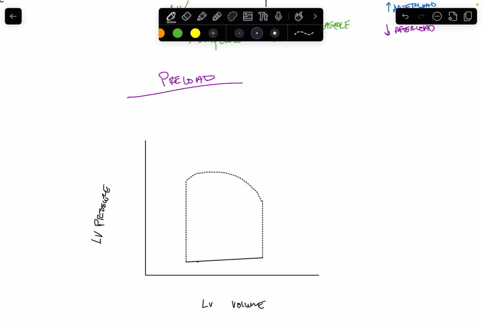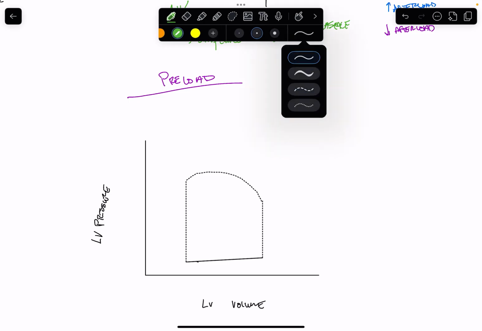Those are control here. I'll give you an example of what decreased preload looks like.